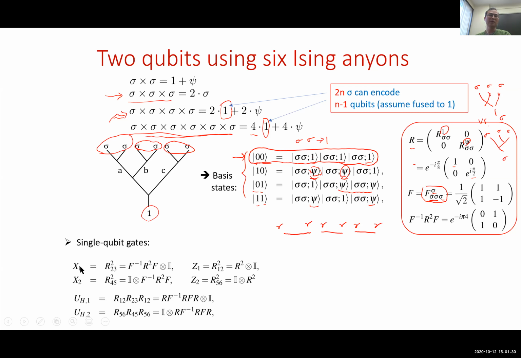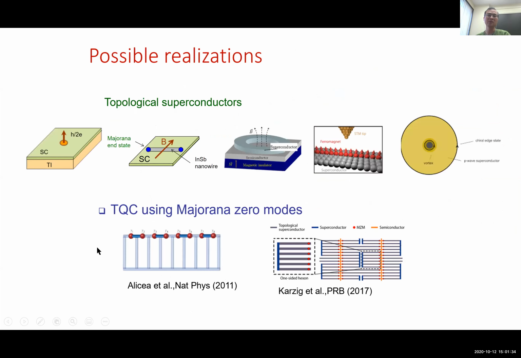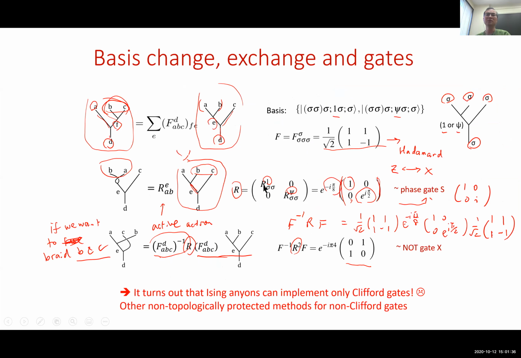For example, we already have the NOT gate from the previous page, though it's a slightly different encoding. For example, we have 3 sigma that fuse with sigma. If you do the braiding twice on B and C, it gives you a NOT gate.